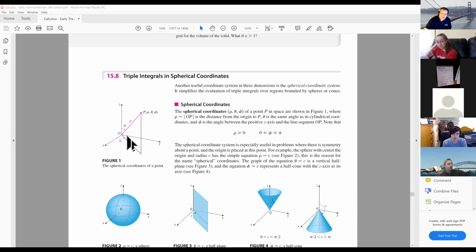And then on this line, you start on the ground, but it's a vertical axis, and you curve down, which is a bit unnatural, but you do. And the angle that you make with the z-axis is called phi. And the distance that you project along that line gets you to the p.